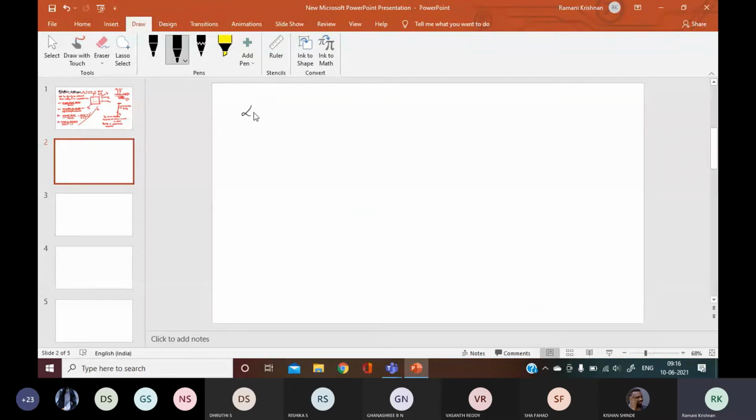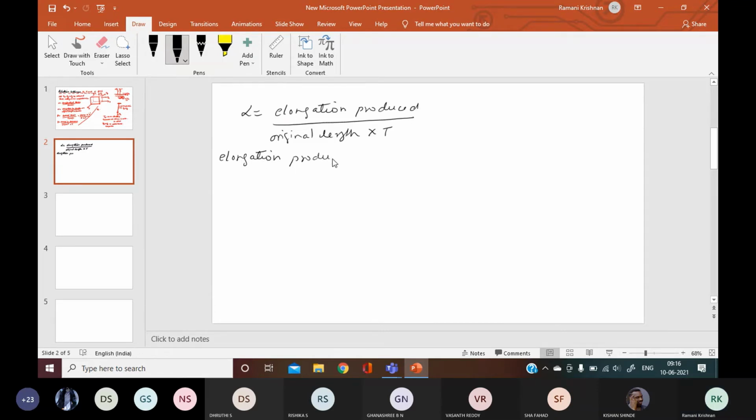Now I'm saying alpha is equal to elongation produced to the original length into tension. I'm asking you, what is the elongation produced in x direction due to the tension Tx? Now let us substitute, what will I get?